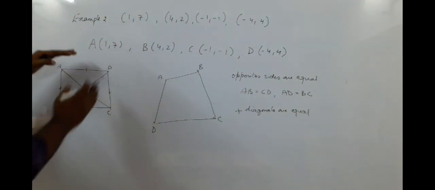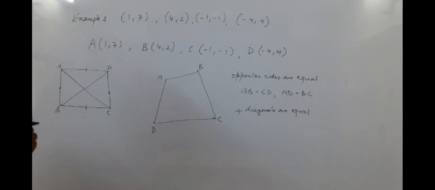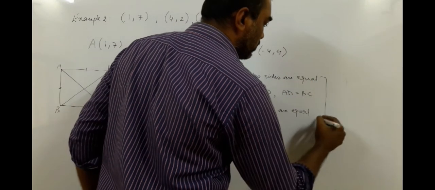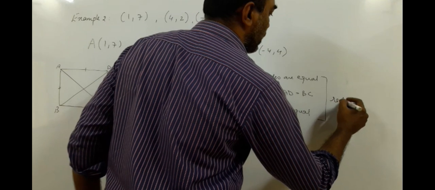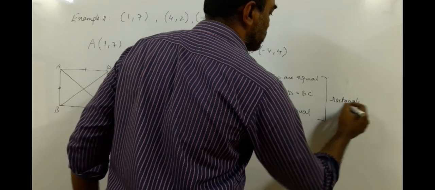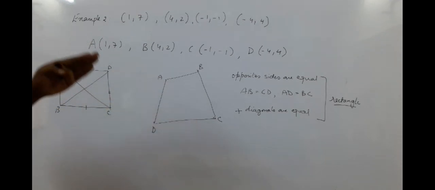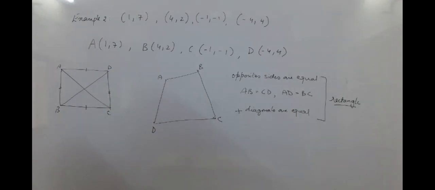So only if the opposite sides are equal, it's a parallelogram, but if diagonals are also equal, then these 2 conditions will make it form a rectangle. So you can see either only a quadrilateral, or a parallelogram, or with equal diagonals a rectangle.